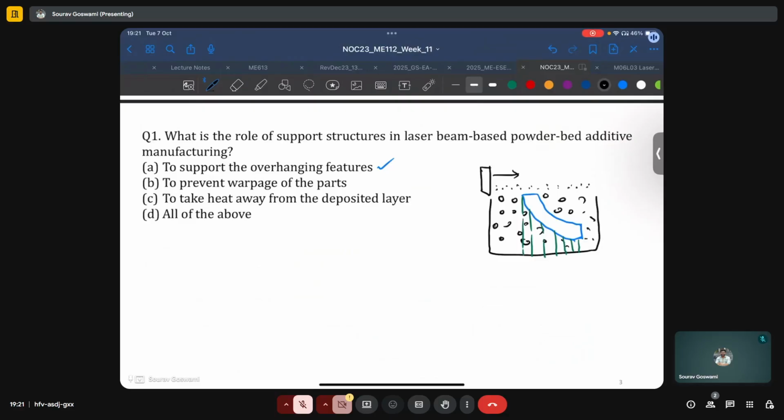Now, because of the high thermal gradients and very high cooling rates, there's a good chance that the part can distort and warp. And if it warps, say it may move up compared to its original position. Then there's a good chance that it can collide with this moving recoater blade, which will damage the blade and the machine.